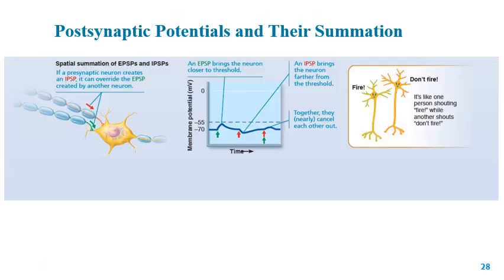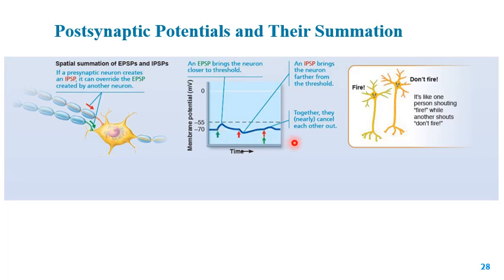Okay. And now let's say that you have some people that are actually confused. You have 2 neurons, let's draw another one here, sending signals to this guy over here. One neuron is going fire, fire, and this guy's like, okay, I'm thinking about firing, but the other neuron is going, don't fire, don't fire.